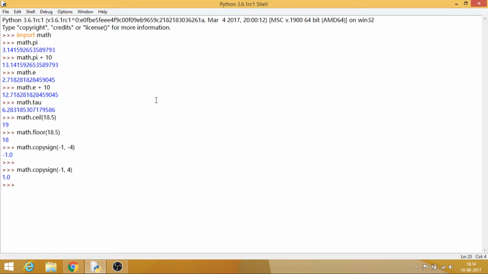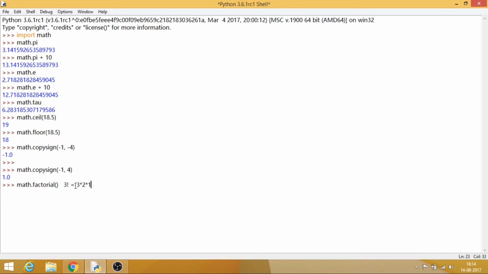Good. Next we have something known as math.factorial. Now what really is a factorial? Factorial is represented by any number followed by an exclamation mark, and how it works is it says 3 multiplied by 2 multiplied by 1.